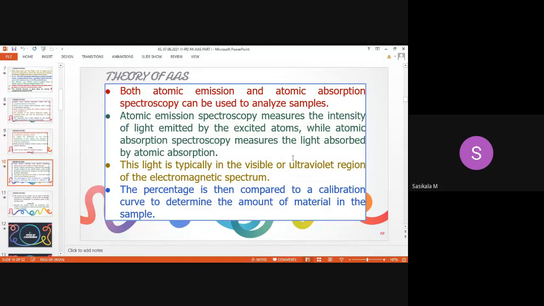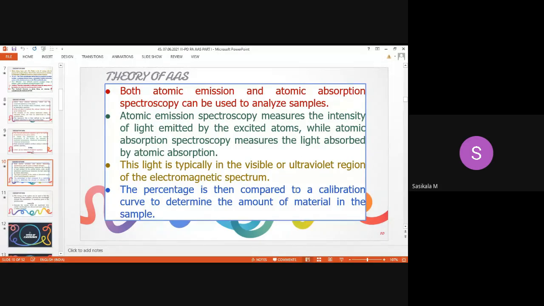While atomic absorption measures light absorbed by atoms, atomic emission represents light emitted by atoms. This light is typically in the visible or ultraviolet region of the electromagnetic spectrum, so UV or visible radiation is used.